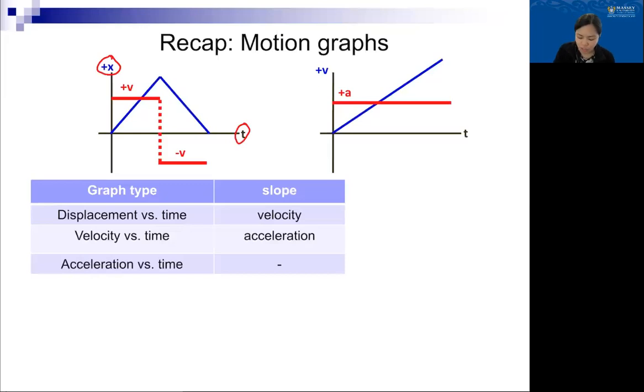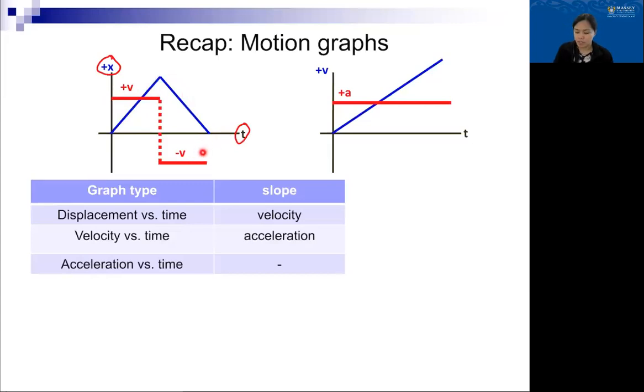If you have a position time graph that's going upwards, the slope of that will give you the velocity, and an upwards straight line position time graph will give you a constant positive velocity. And if your position time graph is a straight line pointing downwards, the slope of that will give you a constant negative velocity.